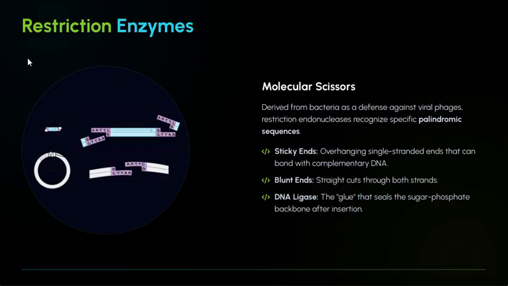Like the sticky end is the overhanging single-stranded end that can bond with complementary DNA, and then we have the blunt end which cuts straight through both strands, and we also have DNA ligase. Ligase is like the glue, and it seals the sugar-phosphate backbone after insertion. And you can see this diagram right here of restriction enzymes breaking apart. You can see the bases CTTAA and then AATTCG. Those are the nucleotide bases.